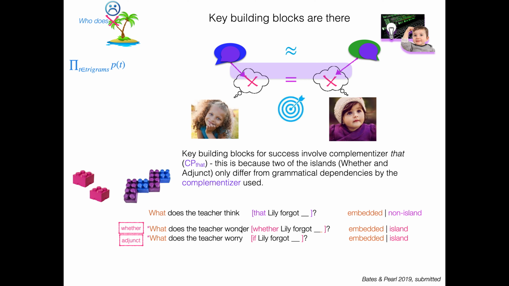What does the teacher wonder or worry? It's something that Lily forgot, and it's whether or if. So you need to care about complementizer that, right, to distinguish whether and adjunct islands from the okay dependency, the more acceptable dependency that crosses complementizer that.